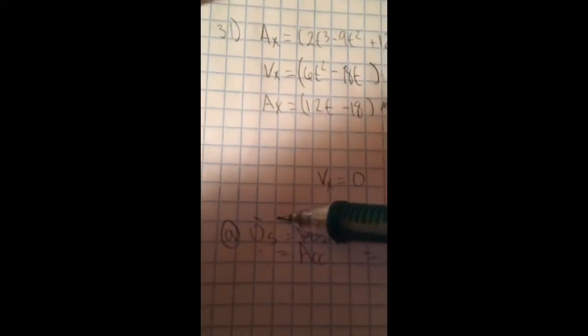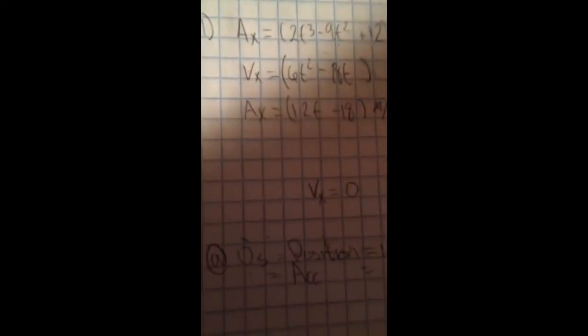So at 0 seconds, our position is going to be 2 times 0 cubed, which is 0, minus 9 times 0 squared, which is 0, plus 12. So we're going to be at 12 meters, and our acceleration is going to be 12 times 0 minus 18, so that's going to be negative 18 meters per second squared.